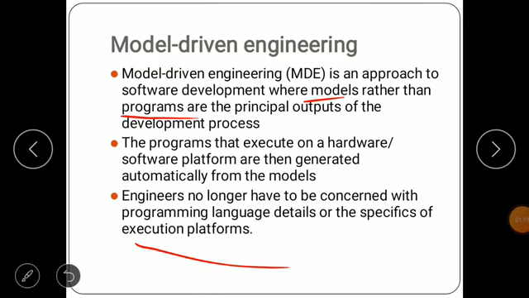Means engineers are not bothered about the details of the programming language or the execution platform.